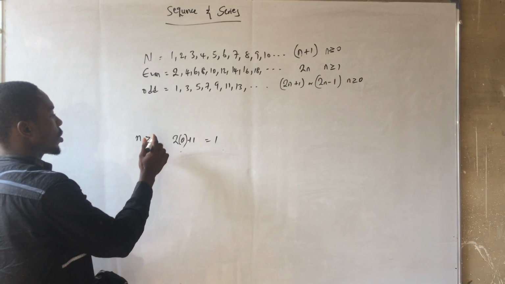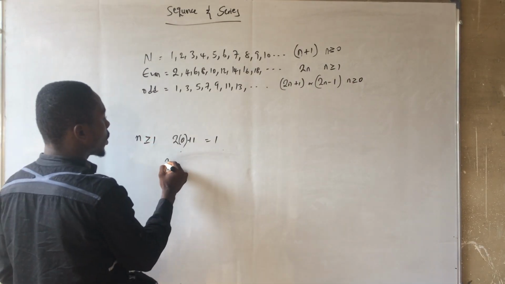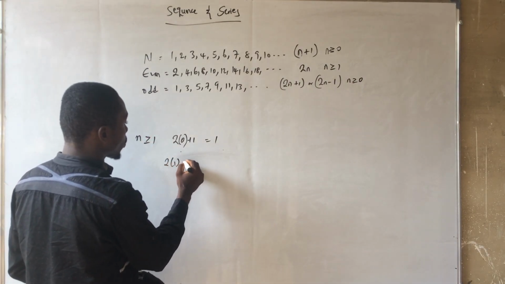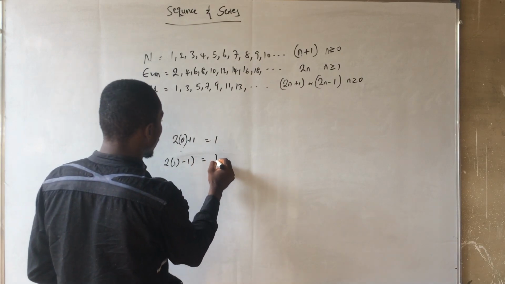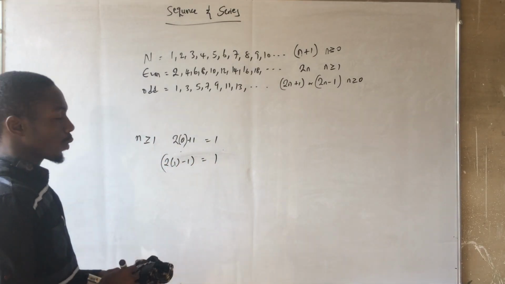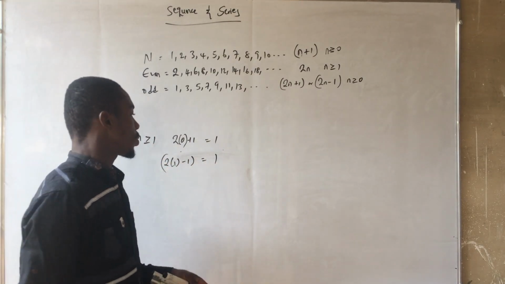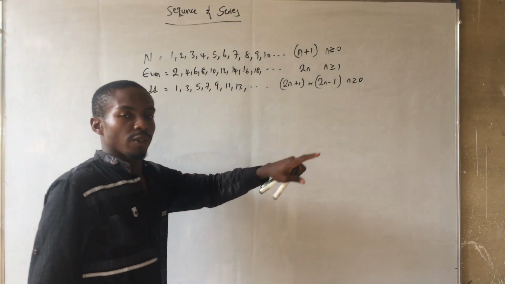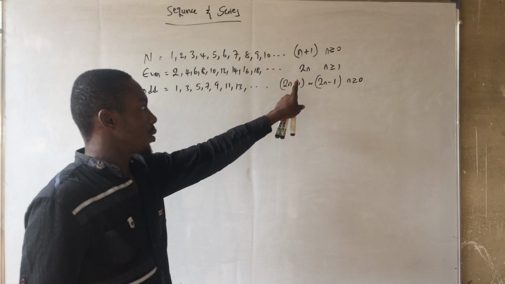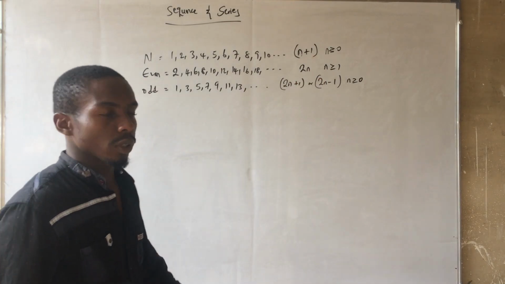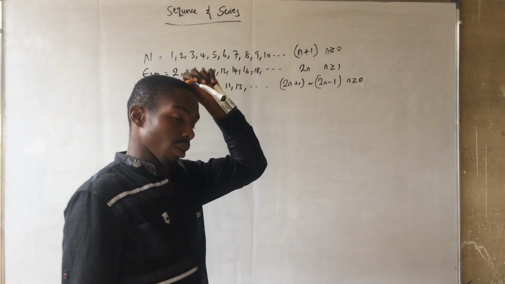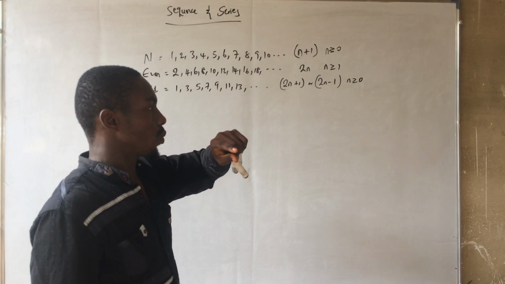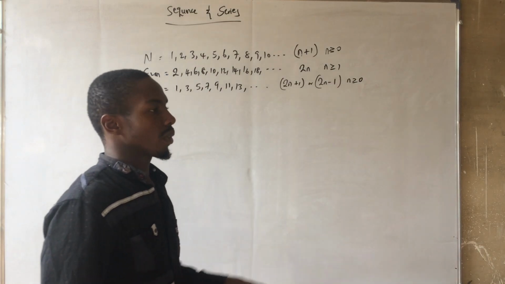But if we are using n greater or equal to 1, 2 minus 1 will give us 1. So if we are using n greater or equal to 1, this is included. If we are using n greater or equal to 0, we use this. But if we are using n greater or equal to 1, we can use both of them.